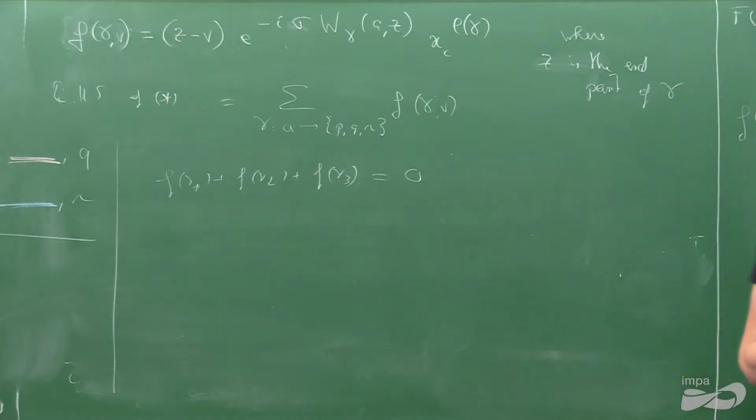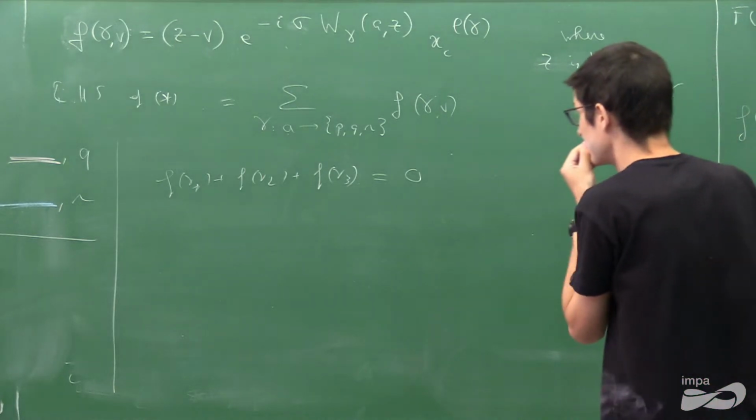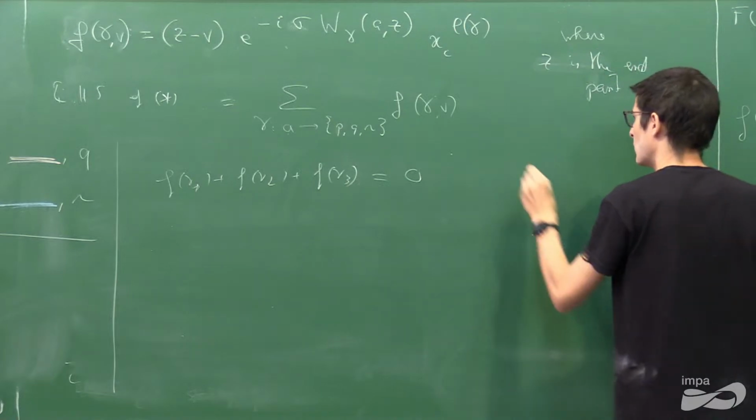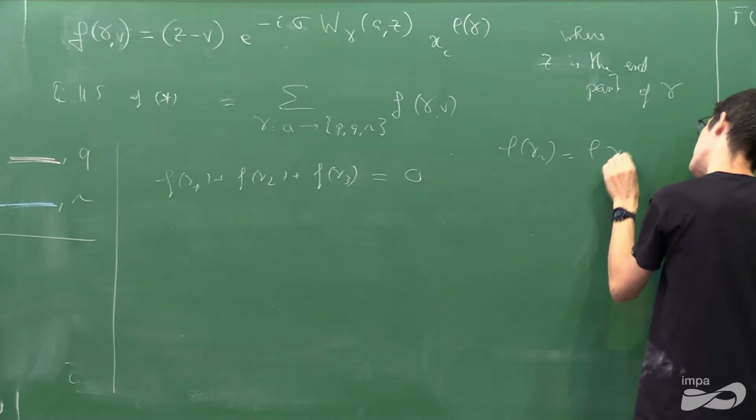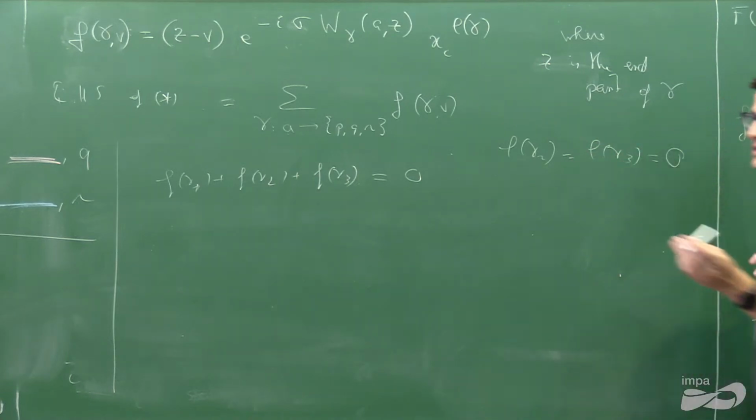What I really want to say is that f of gamma 2 and f of gamma 3 are basically f of gamma 1 times something, and that 1 plus something plus another something is equal to 0. The length of gamma 2 is equal to the length of gamma 3. This is easy.